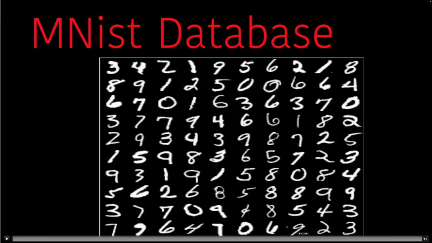So here we have the MNIST database, and first of all, NIST is the National Institute of Standards and Technology, and this is a database of handwritten numbers. And what we're going to do is demonstrate the concept of convolution and sliding windows.